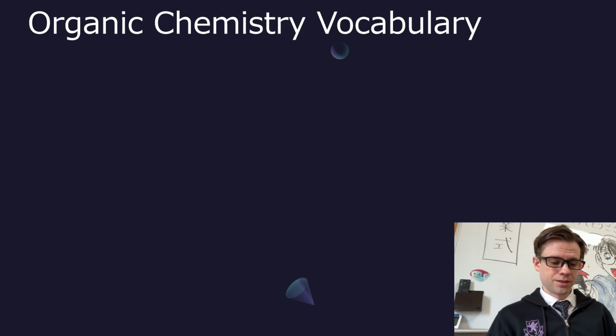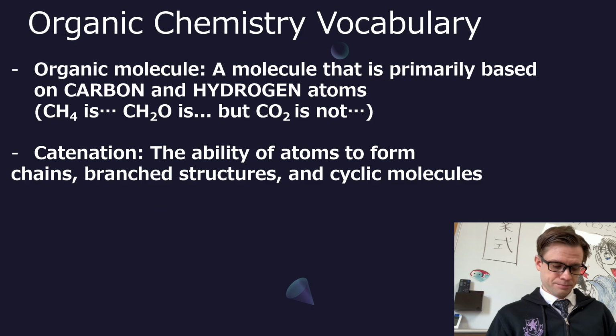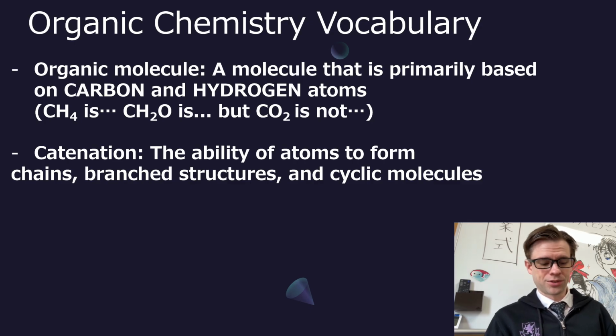So some vocabulary to do with organic chemistry. What is an organic molecule? This is a molecule that is primarily based on carbon and hydrogen atoms. And sometimes the line is not so clear, but definitely if there's no carbon, it's not an organic molecule. Something like CH4, methane, is organic, carbon and hydrogen based.